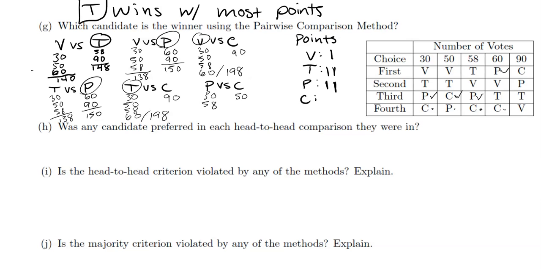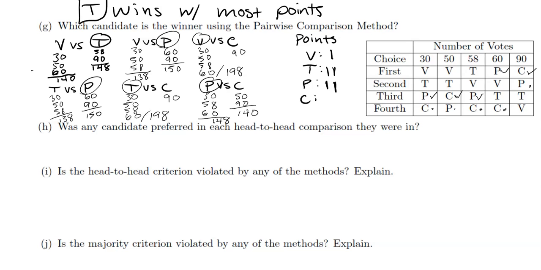And then P is preferred to C for 60. And then C is preferred to P for 90. So C gets 140. P, though, then gets 148.